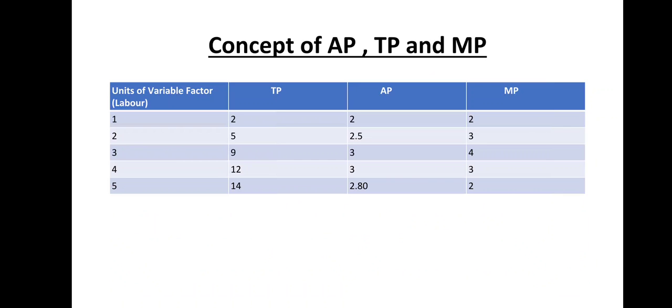And if we want to calculate MP from TP, we can do it by 5 minus 2, 3, 9 minus 5, 4 and so on. Or we can also add up all the MPs by taking the cumulative of MP, we get TP. That is 2 at the first stage, 2 plus 3, 5 at the second stage, then 2 plus 3 plus 4, 9 at the third stage, and so on.